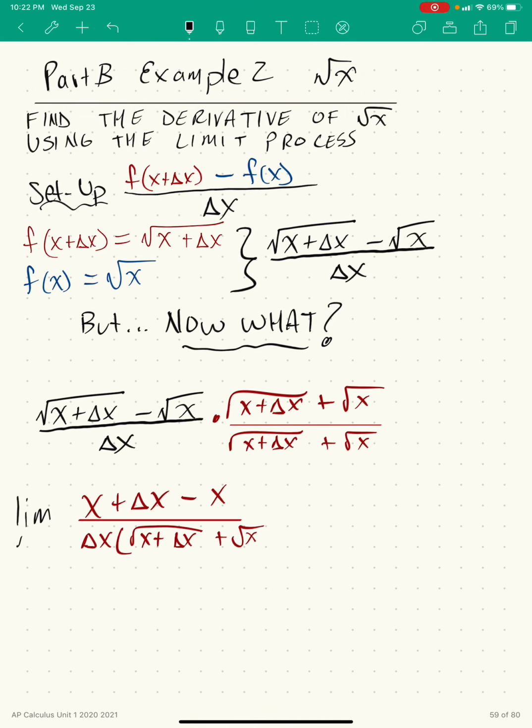The limit as delta x goes to 0 is what we're looking for. Right now, if I substitute 0, it's going to be 0 in the denominator, which doesn't help me out. So we've got some simplifying to do. We've got x and x here, which now gives me an opportunity to have delta x all over delta x with what was left over because of the conjugate.